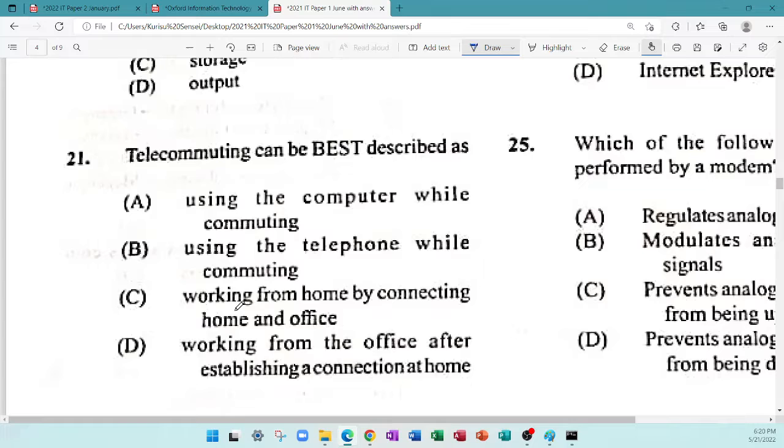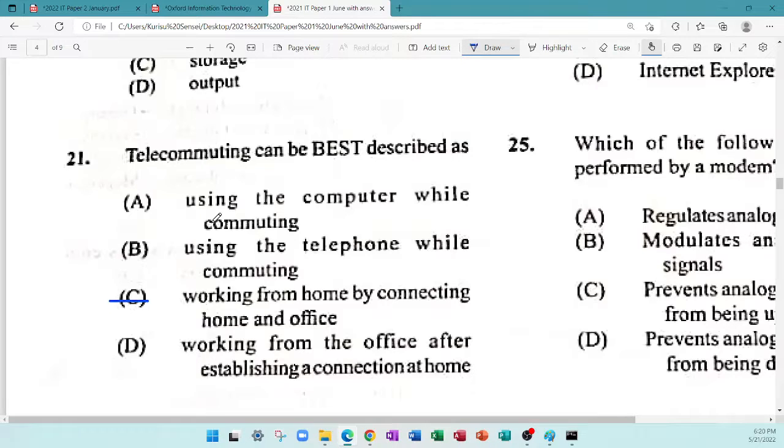21, telecommuting can be best described as? C, working from home by connecting home and office.